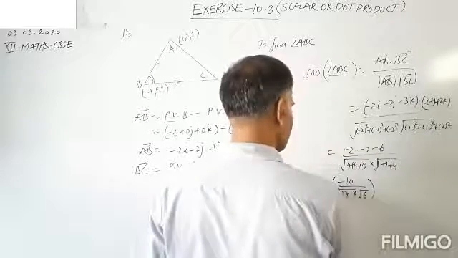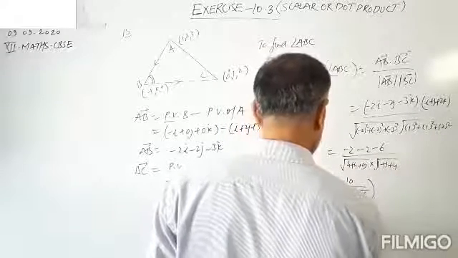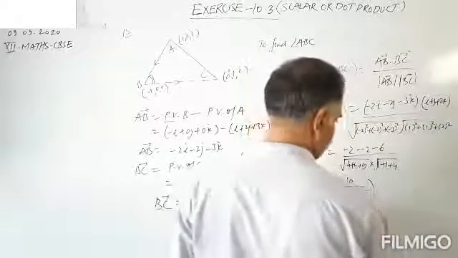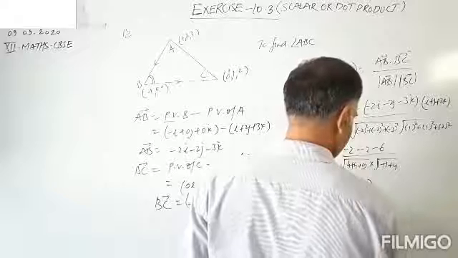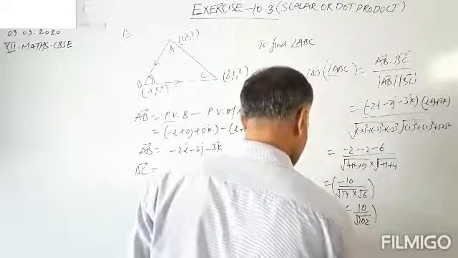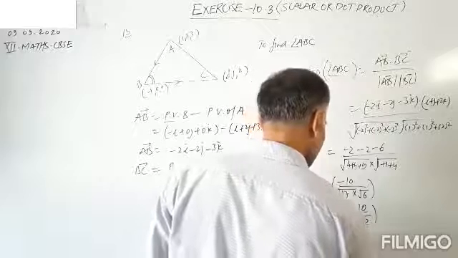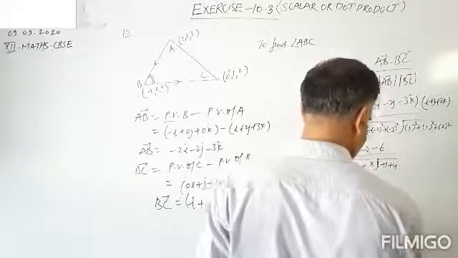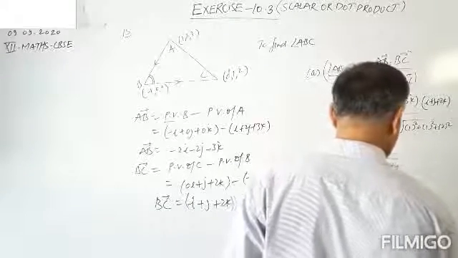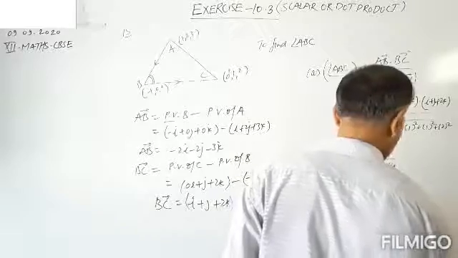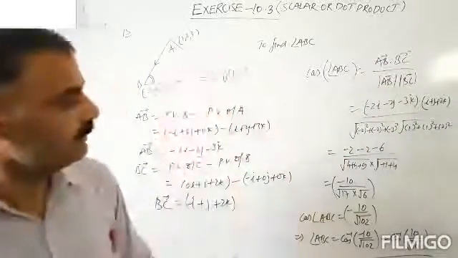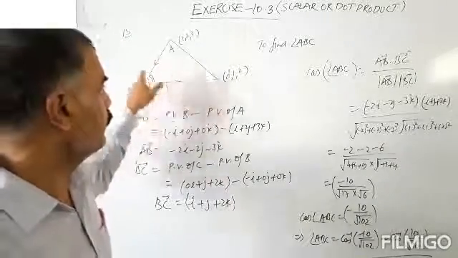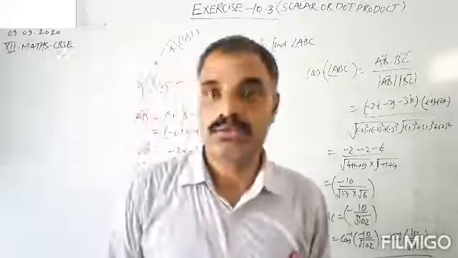Okay, so cos of angle ABC is equal to minus 10 upon under root 102. So angle ABC is equal to cos inverse of minus 10 upon under root 102. This is the angle ABC. Okay, so thank you.